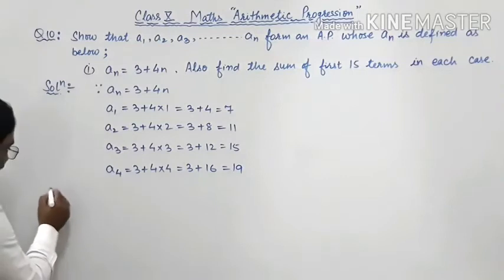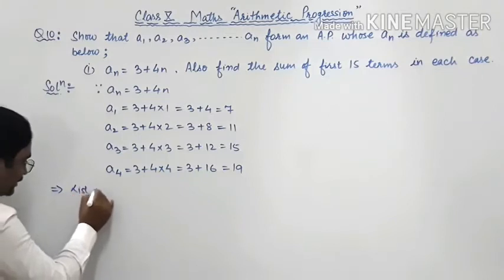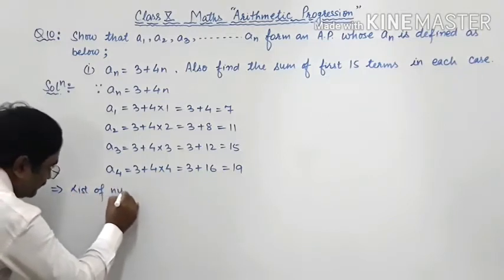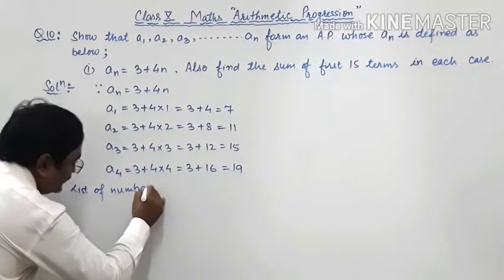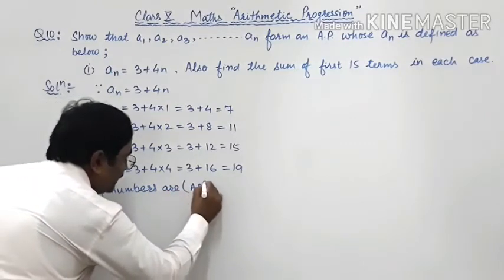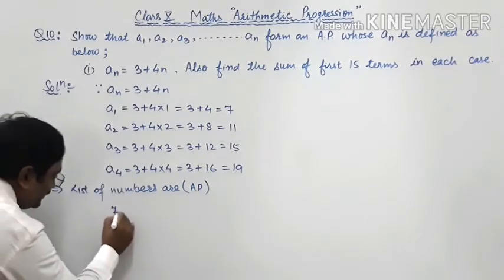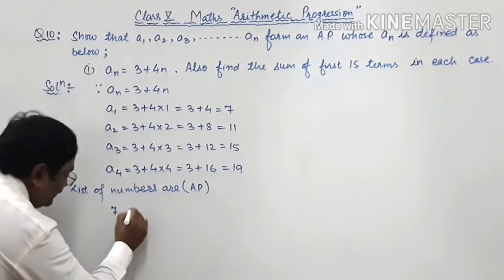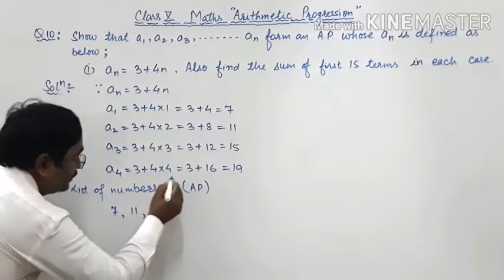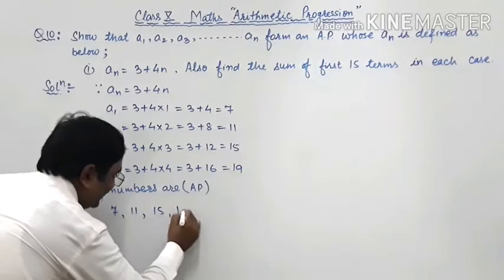So our required list of numbers is: the first term is 7, the second term is 11, the third term is 15, and the fourth term is 19.